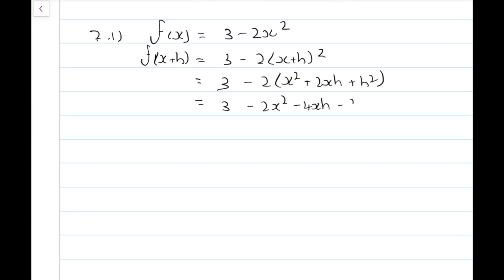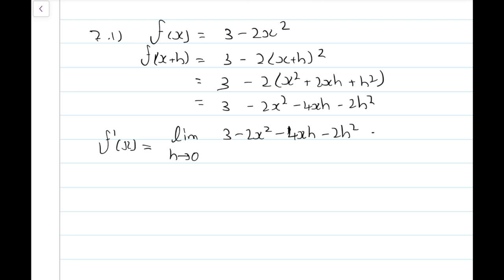Now what we go and do is we're going to use our formula. We say that the first derivative is equal to the limit as h approaches 0 of f of x plus h, which is 3 minus 2x squared minus 4xh minus 2h squared, minus this 3 minus 2x squared.